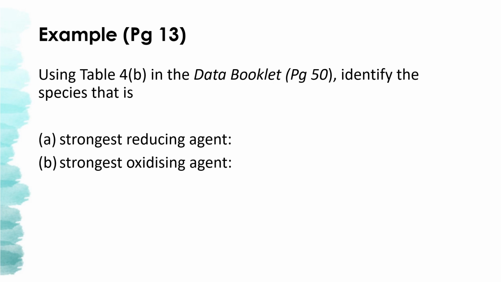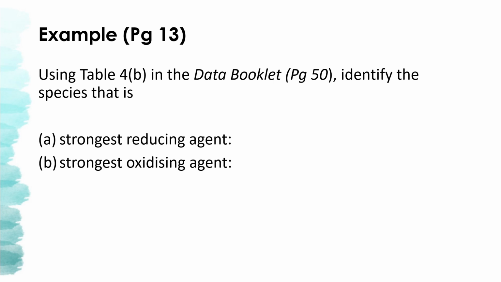Okay, let's look at one example. You should be able to tell me by looking at the data booklet which is the strongest reducing agent. Who can tell me? What's the strongest reducing agent? I will just give you the first one. The strongest oxidizing agent, you will do it as homework, but I will not give the answer.